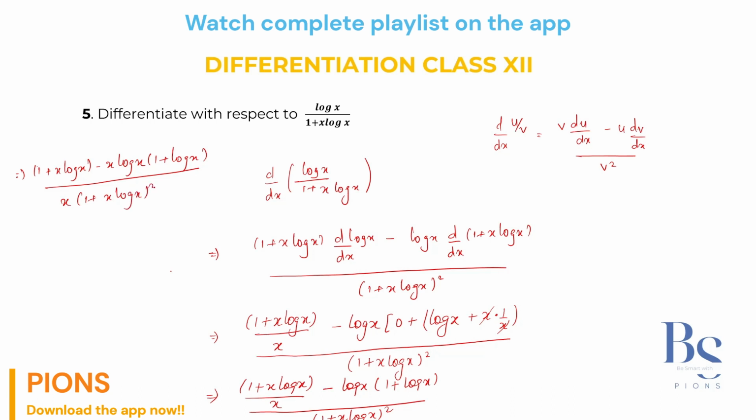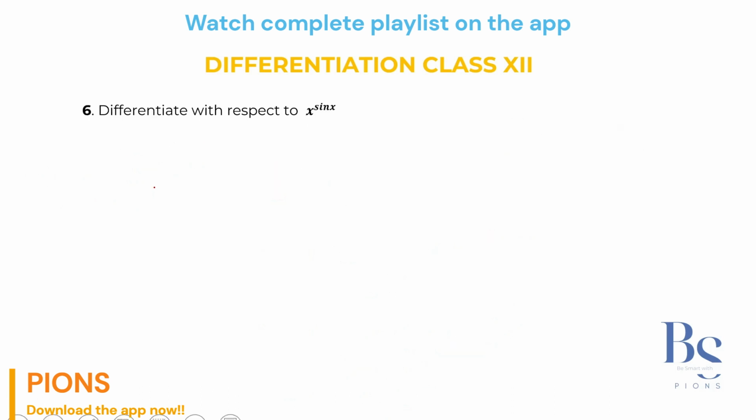Clear it is? Now if you want to take common, nothing is common here. Okay, so you can leave this as the answer for the fifth one. Let's move to question number 6. Question number 6 says differentiate again with respect to x, x raised to sine x.